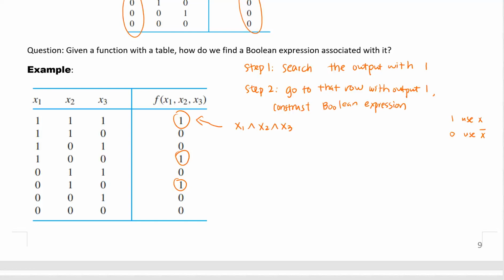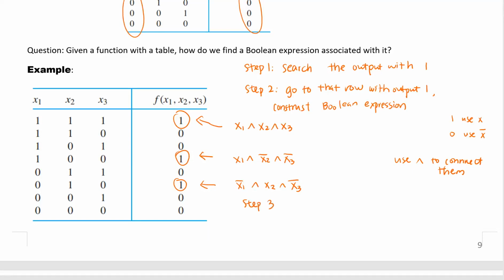We use and to connect them. For this one, x1 is 1, so we have x1, but x2 and x3 are zeros, so we have not x2, not x3. This one is not x1, x2, not x3. So far so good, everybody. Use and to connect them. This is step 2.